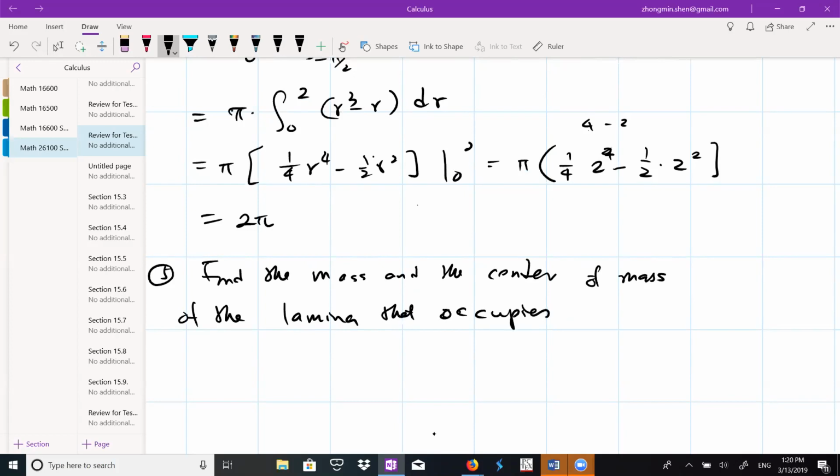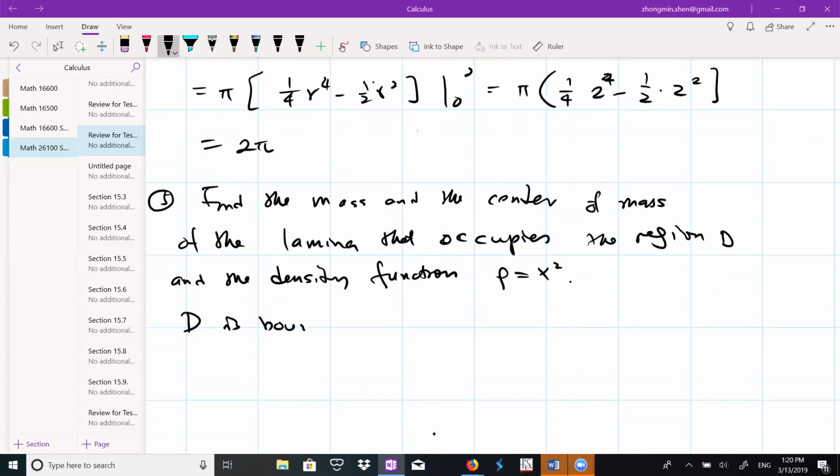That occupies the region D, and the density function is also given. Rho equals r squared.